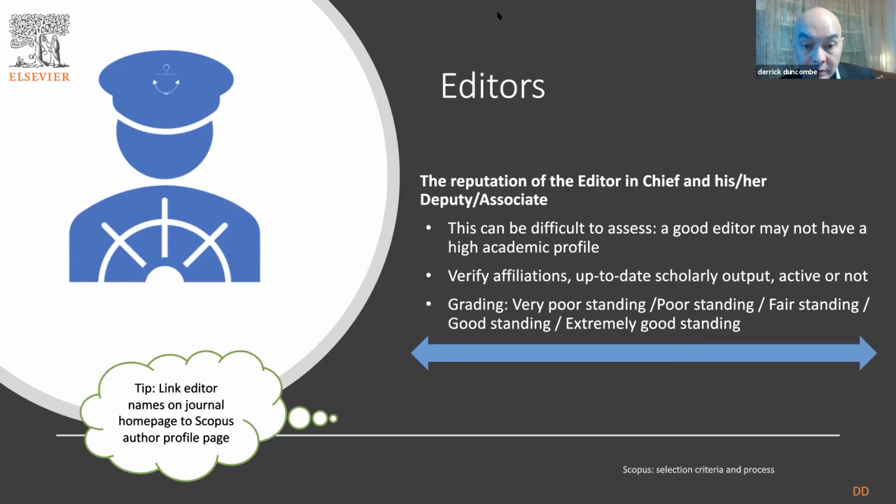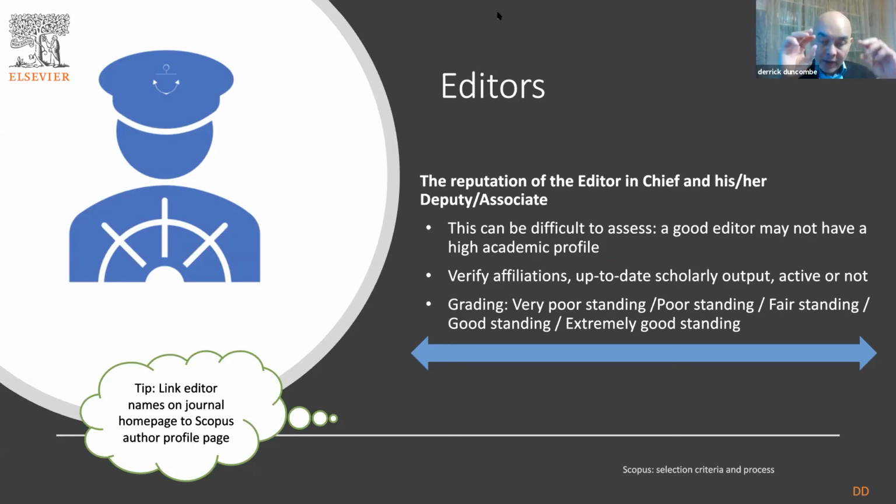Also, they look at the affiliations, whatever affiliations and up-to-date scholarly output, and also whether this person is active or not. Some people are editors or chief editors in name only. They've been there for many, many years, 20, 30 years, but they're not doing anything. The last time they published was 15 years ago. They're not current, they're not up to date.